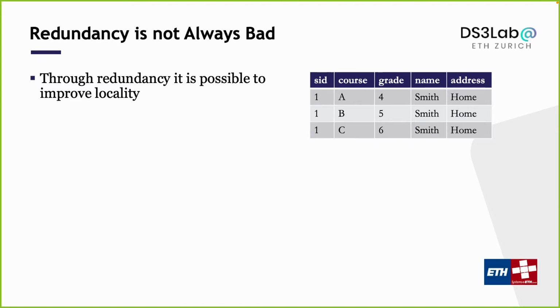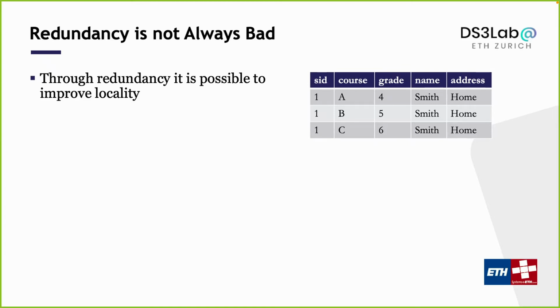But in many cases, introducing redundancy could also make your application faster. So for example, if every single time I'm loading the student and course relation, the student taking this course, I have to fetch the address of the student anyway, for whatever reason. If that is your workload, then this schema actually starts to make sense.